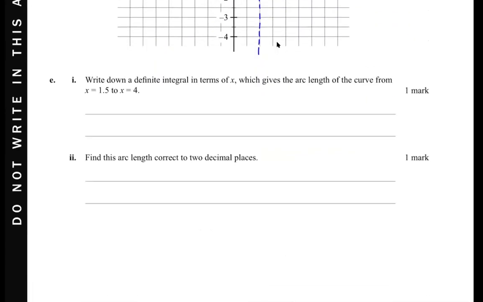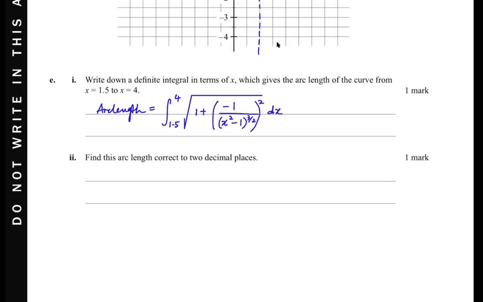Write down a definite integral in terms of x, which gives the arc length of the curve from point 1.5 to 4. This time I'm using an integral with respect to x. So arc length is the integral from 1.5 to 4 of the square root of 1 plus the squared derivative, so it's minus 1 over (x squared minus 1) to the power of 3 over 2, squared, dx.